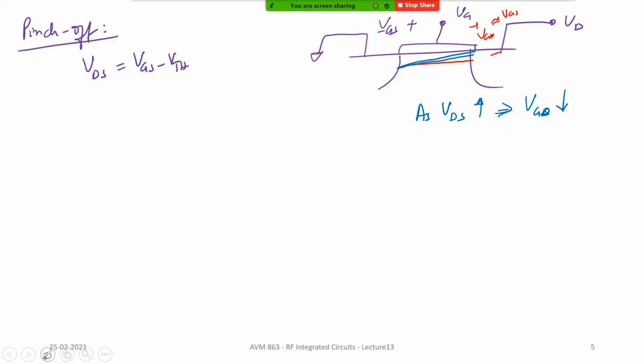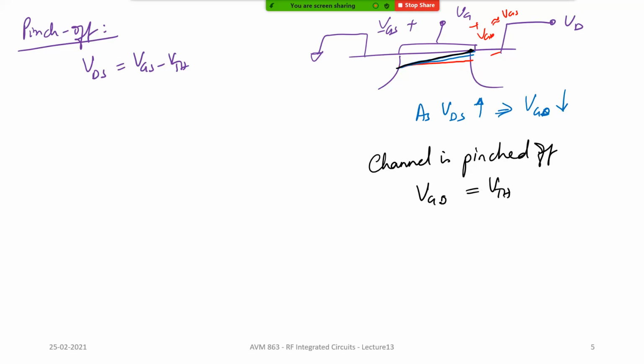Now beyond a point, there comes a point where the channel gets completely cut off here, or in other words, the channel is pinched off when VGD is less than or equal to the threshold voltage. Now VGD can be written as VGS minus VDS equal to threshold voltage. The channel is pinched off for VGD lesser than or equal to threshold voltage.